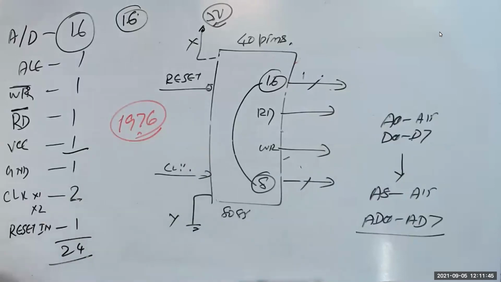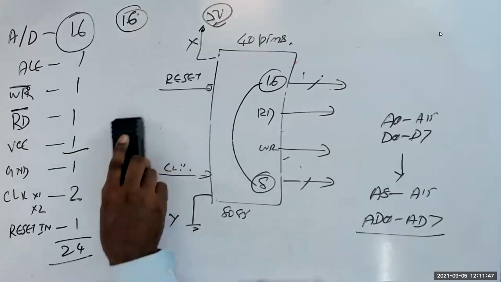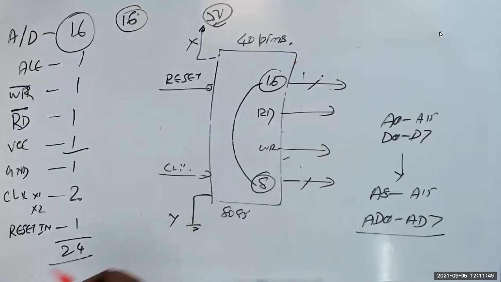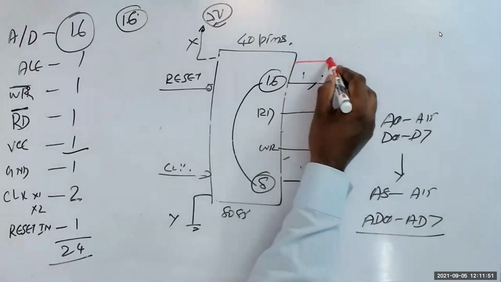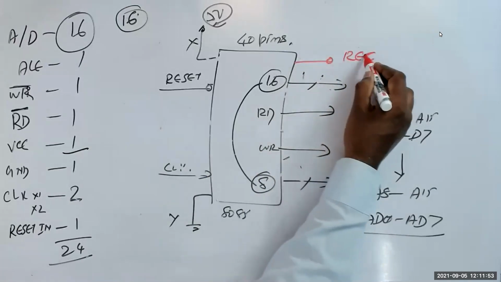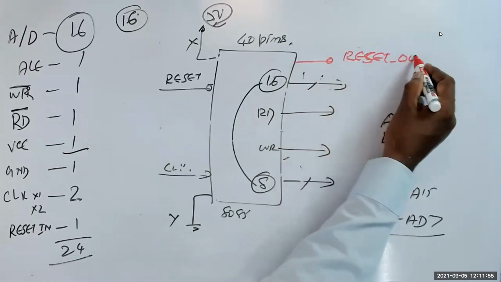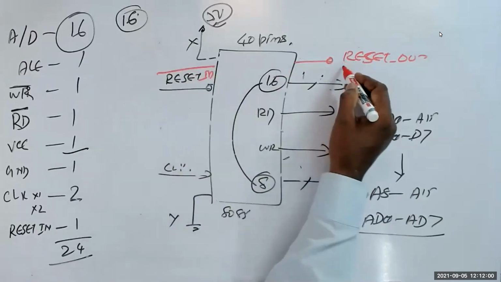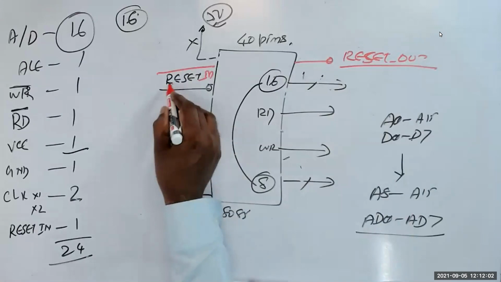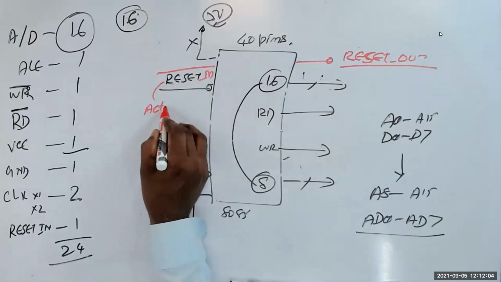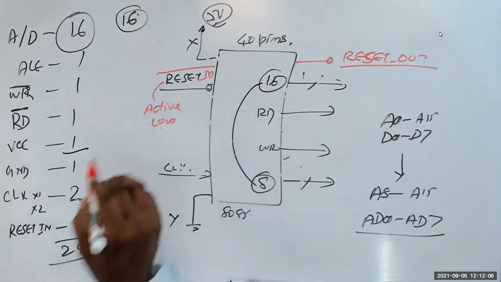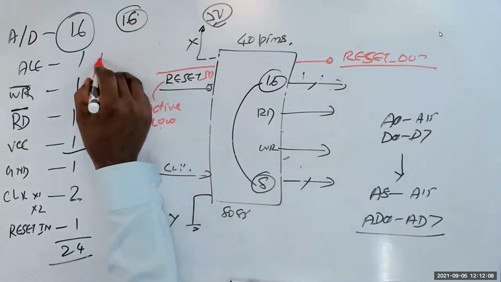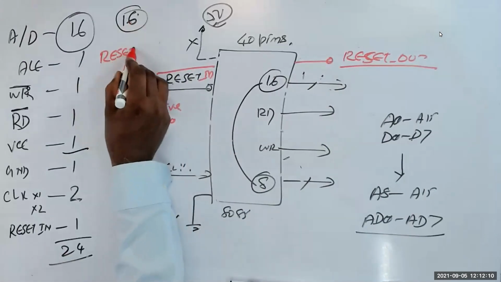At that time they thought, let us give a reset out. And this is called reset in bar, which is active low, while reset out is active high. So out of 40 pins, we have another signal called reset out.